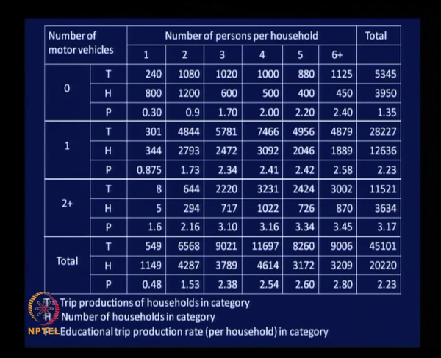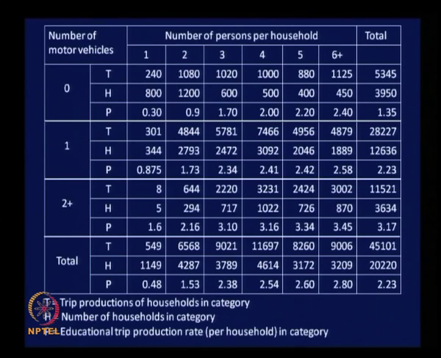Now let us sum up along the columns also to look at similar averages for the set of data. We find for one person household, irrespective of the vehicle ownership, the average trip rate for education is 0.48. For 6 persons and more, it is 2.8, and the average in the last column is given as 2.23, right, irrespective of the vehicle ownership of the households.